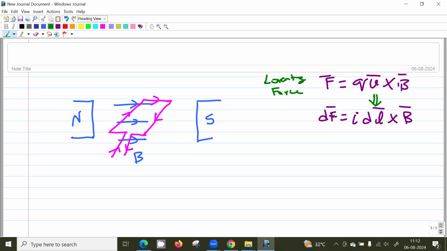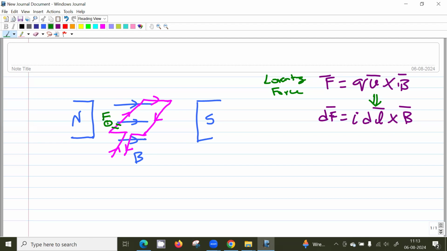Each charge will experience a force, and all the charges have the same V direction and B direction. So the direction of force on all the charges will be the same, and they add up to give the total force as I dl cross B. If I take a small element here, dl is inside, so I dl cross B will be an upward force.